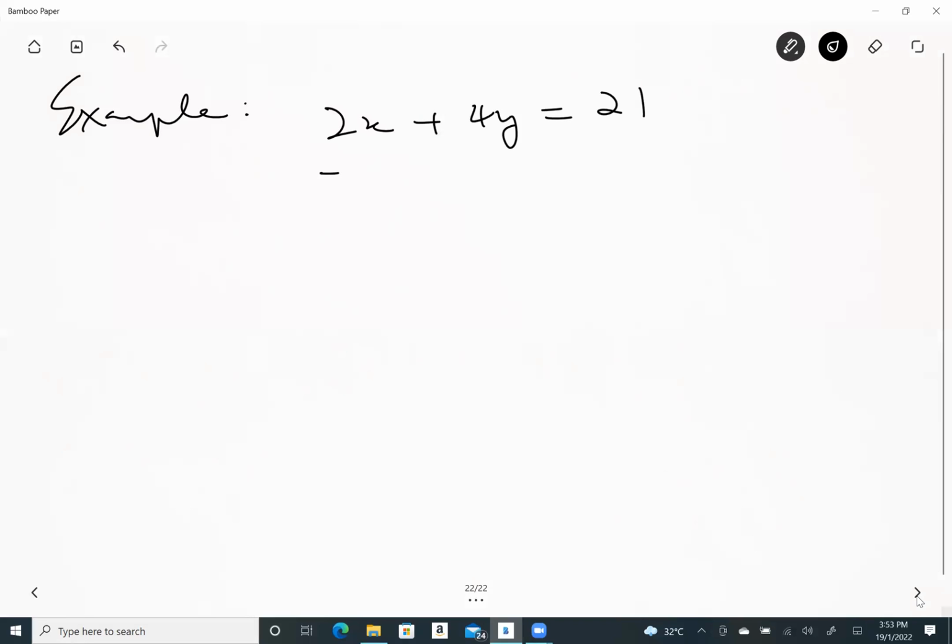And then I get negative 5x plus 3y equal to 16. Actually, this one I change, here we put 27.